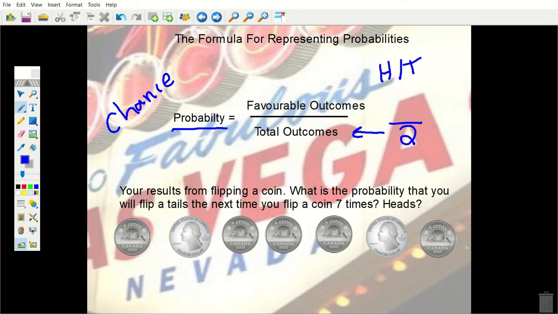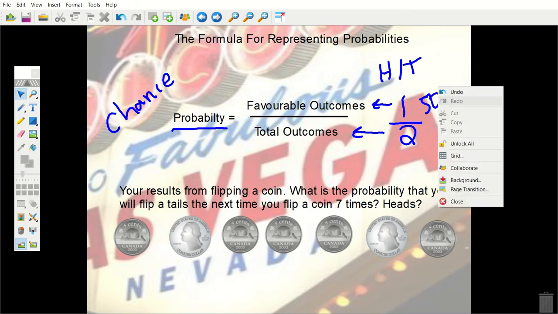Now, the favorable outcomes, what are the odds of one of those outcomes occurring? If I were to ask you, what are the odds of flipping a heads? Well, heads in this case comes up favorably one time. So those are the favorable outcomes. So therefore, the probability of flipping a heads on a coin would be 1 in 2, or 50% if you're dealing with percentages.